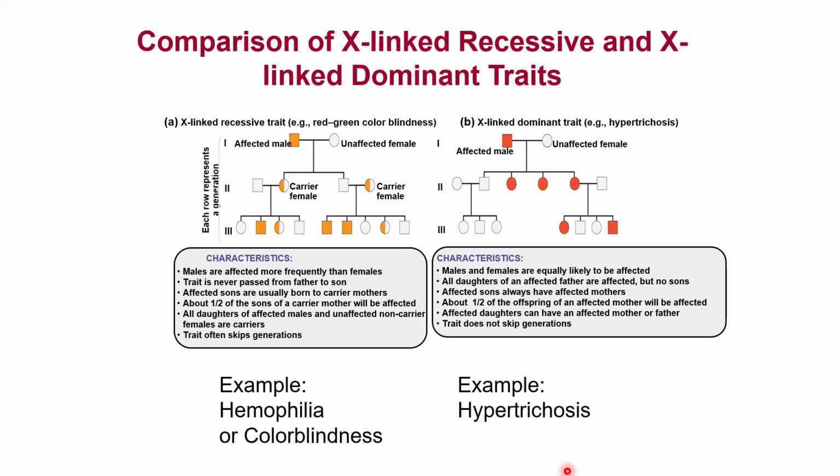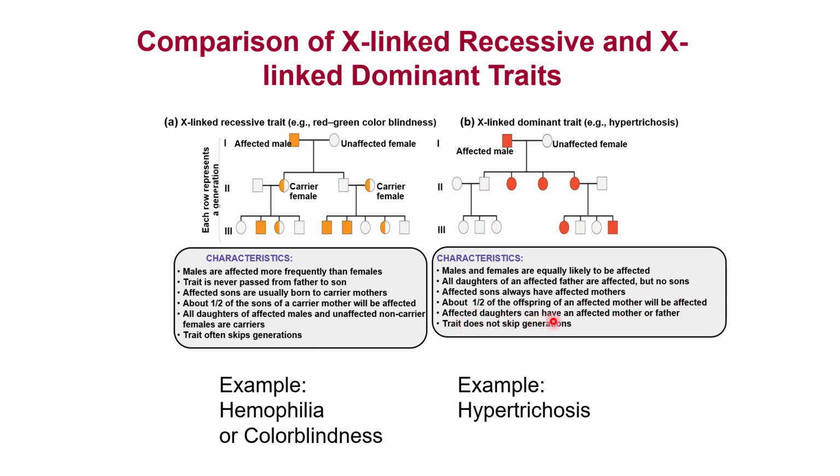In X-linked recessive, it's also that all of the daughters of affected males and unaffected carrier females are carriers, and the trait skips generations. With X-linked dominant, about half the offspring of an affected mother will be affected.